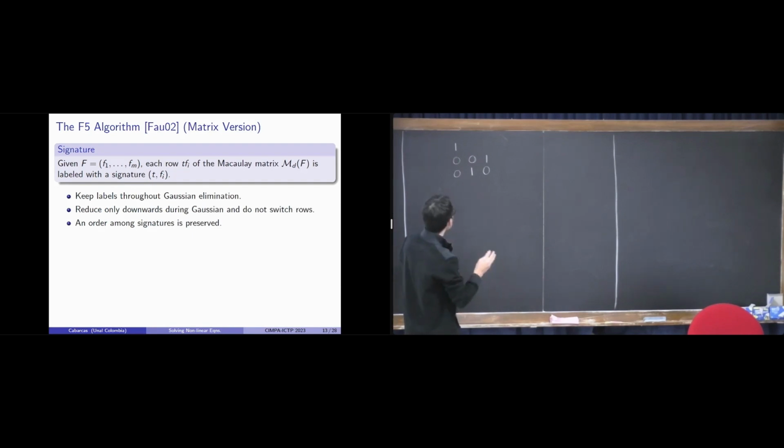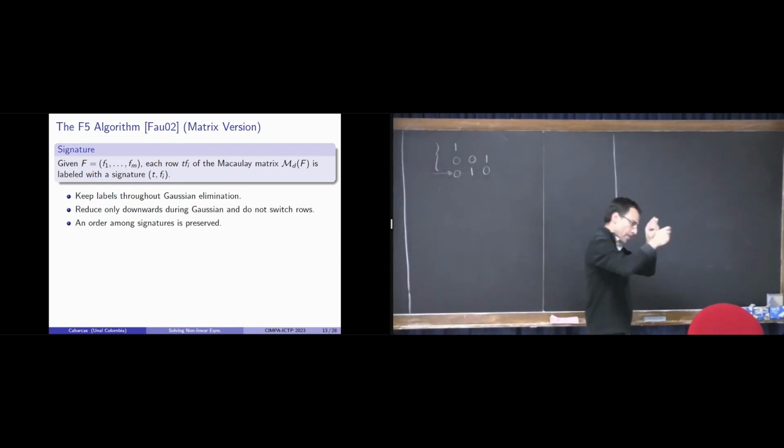But the important thing is that we're only reducing downwards, which is important because it guarantees that this row is a linear combination of the previous rows.